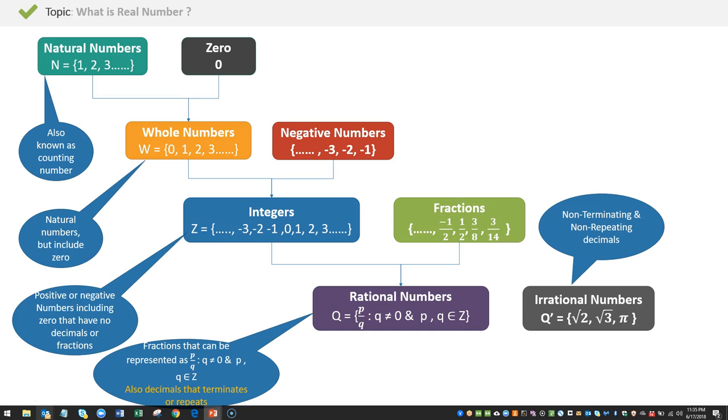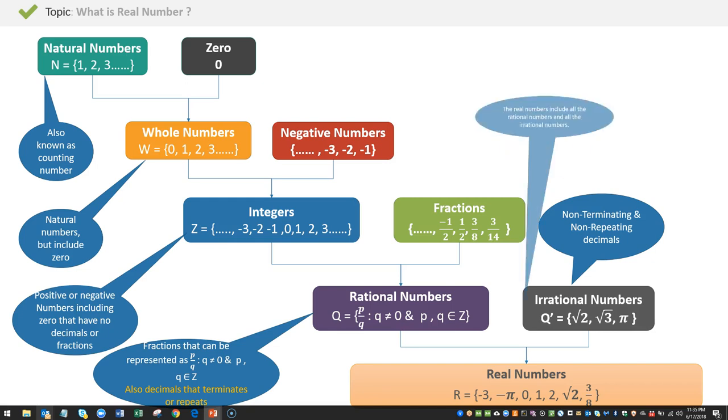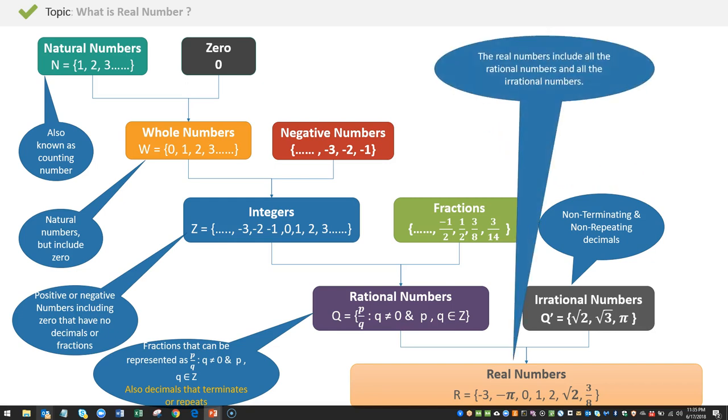That means they will never terminate and they will never follow a repeating pattern. And when you combine rational numbers and irrational numbers, what you get is real numbers, which are the collection of rational numbers and irrational numbers.